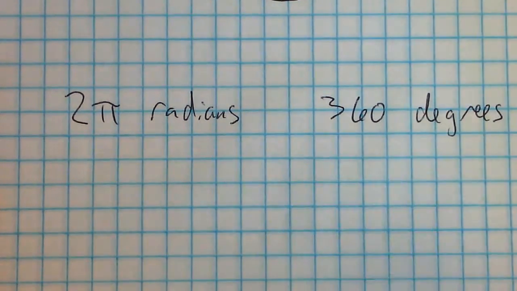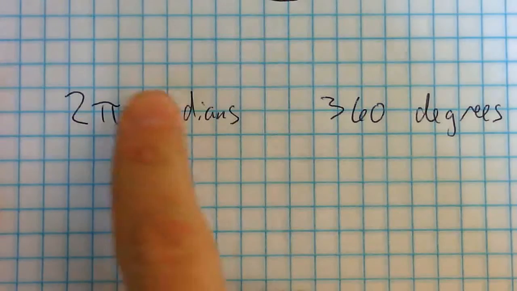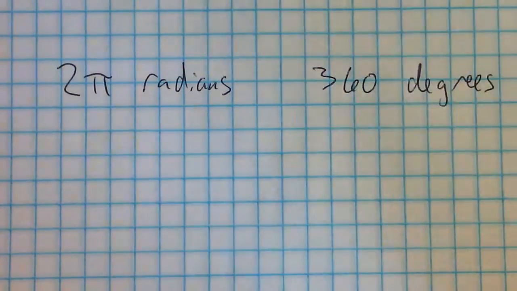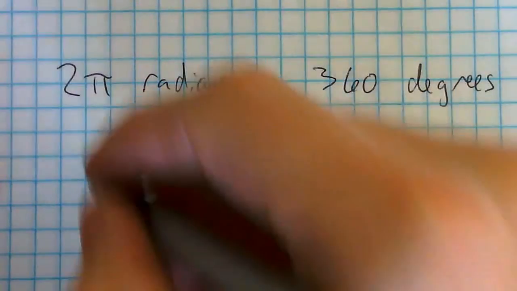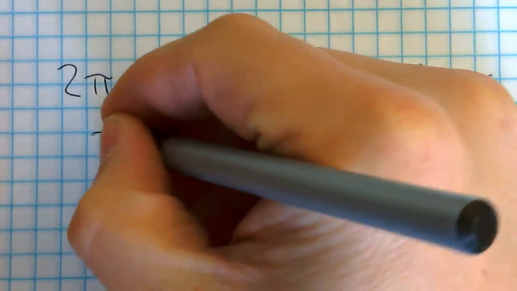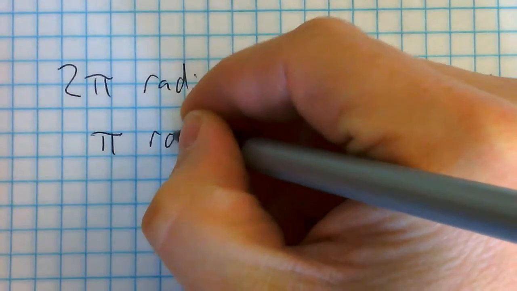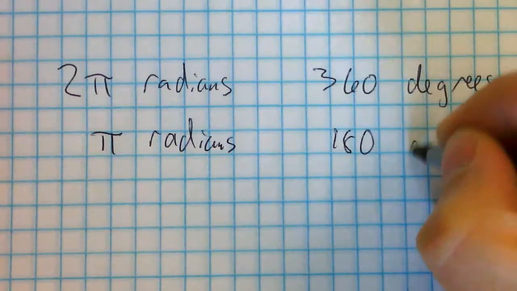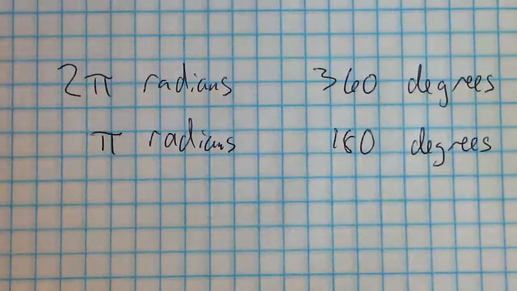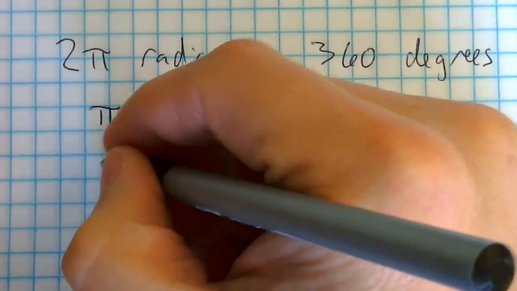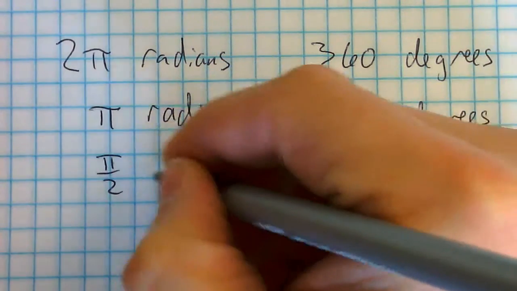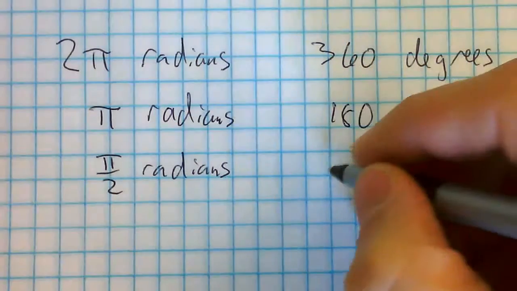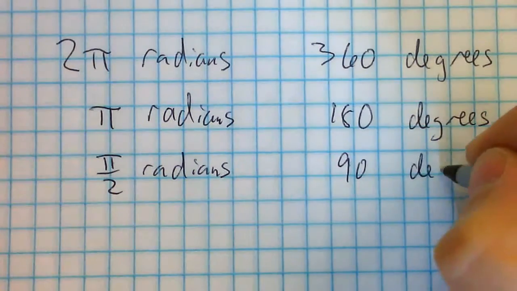So 360 degrees is equal to 2 pi radians. We can figure out the rest from here pretty easily. If I cut those both in half, 1 pi radians is equal to 180 degrees. And if we cut that in half again, we get that pi halves radians, or 1/2 pi radians, is equal to 90 degrees.